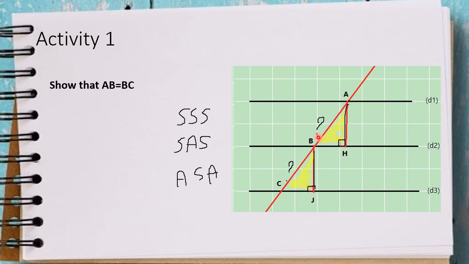This means AH and BJ are parallel. So we have 2 parallel lines, and you can see the F shape. I will draw it. This is the F shape. So these 2 angles are corresponding angles.